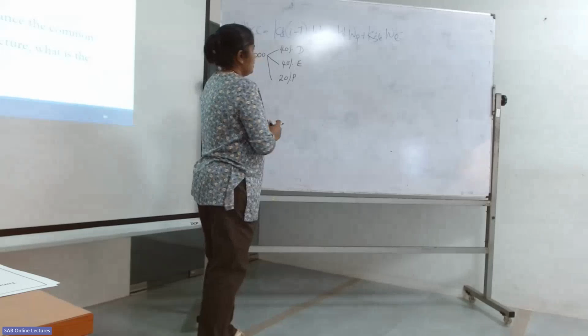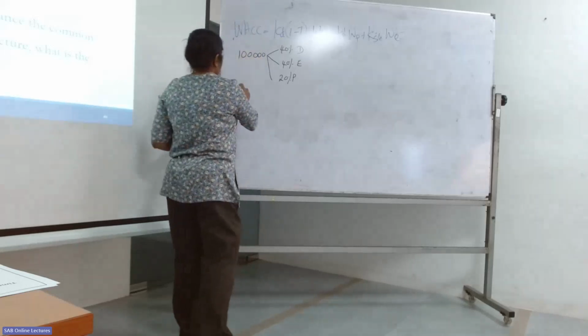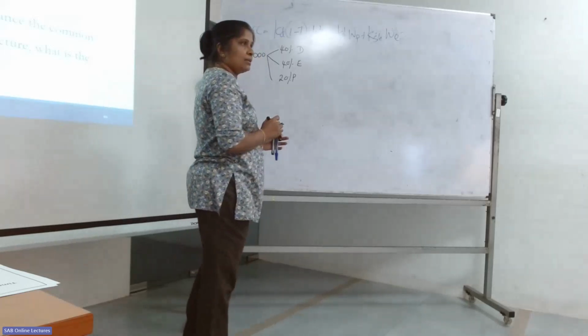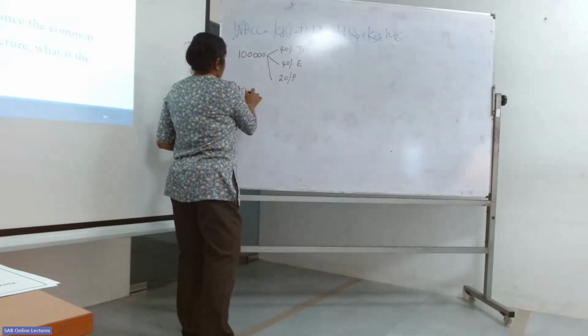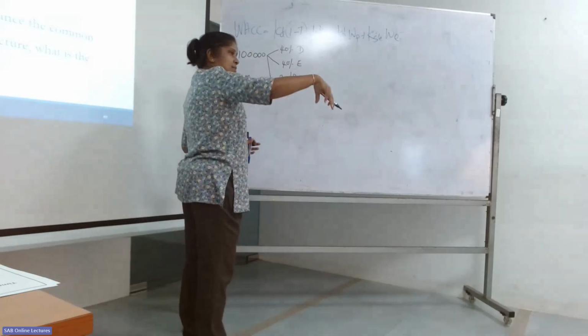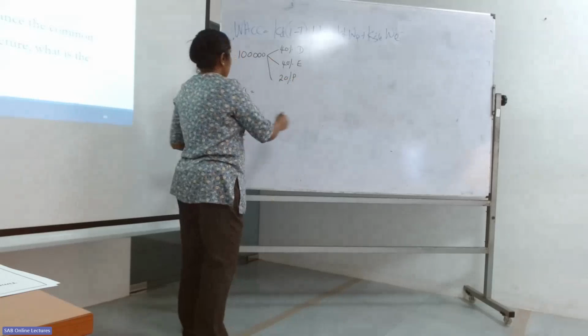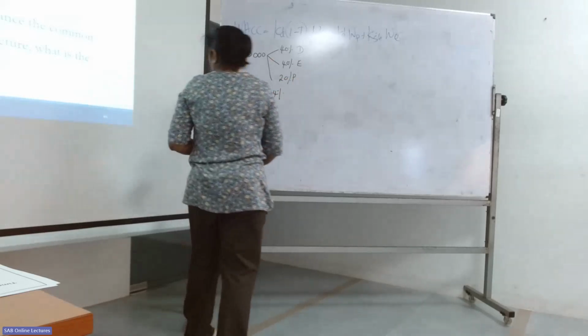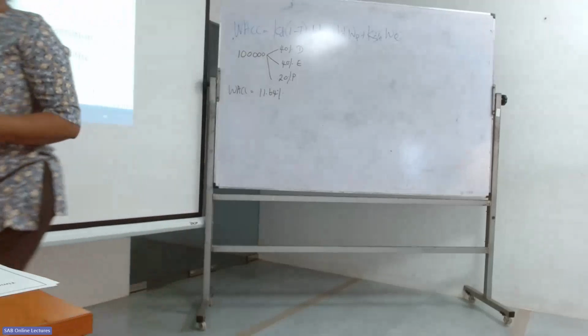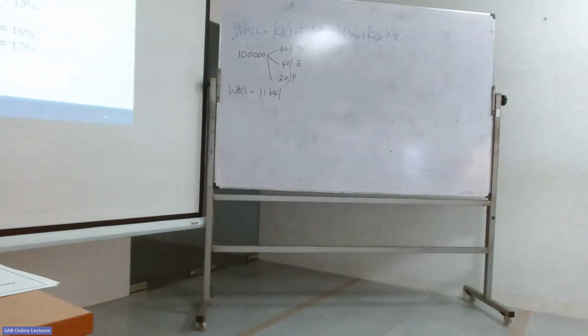Right. So then your answer was 11.64. So that is the weighted average cost of capital using retained earnings. Using retained earnings, it was 11.64. And also, let's have these numbers in your mind.